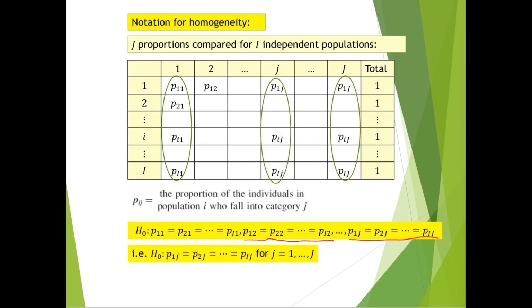So in general, we can write it as P1j equal to P2j equal to Pij for j that varies from 1 to capital letter J. All right, so just remember that is a comparison over the rows, over the populations, of the proportions in each of the categories.